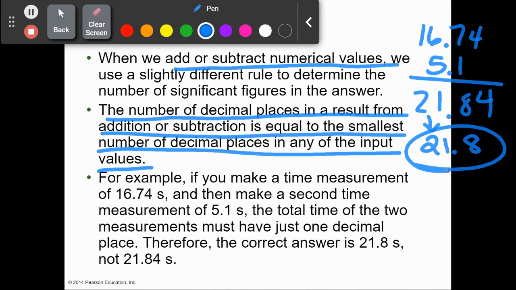So, homework tonight. Let's do 23 through 25. No, take that back. Chapter 1, let's do the practice problems on 27, 28, and 29.